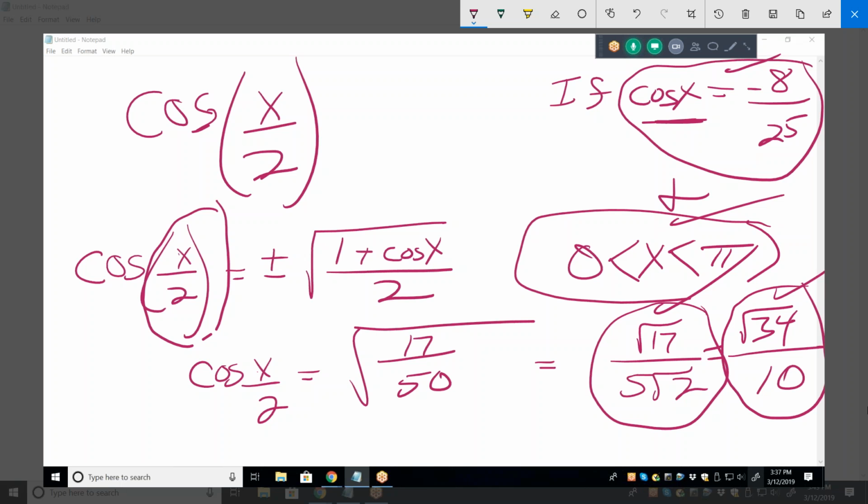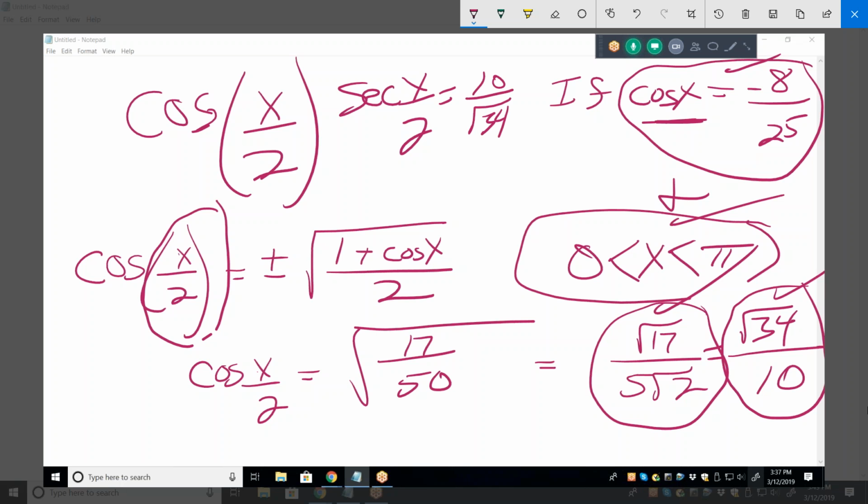Notice what happens. Now, if I asked you, what is the secant of x over 2? What's that going to be, based on our answer for the cosine of x over 2? Tell me what the secant of x over 2 is, knowing that the secant is the reciprocal. Now you see what the problem is? Now I've got to rationalize that also.